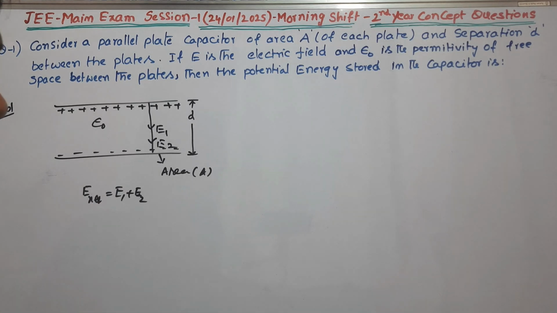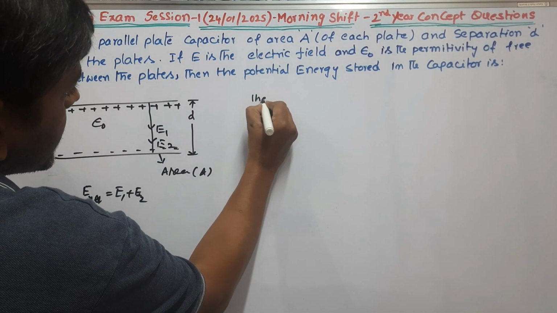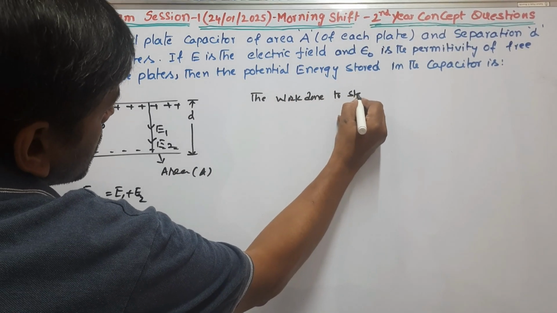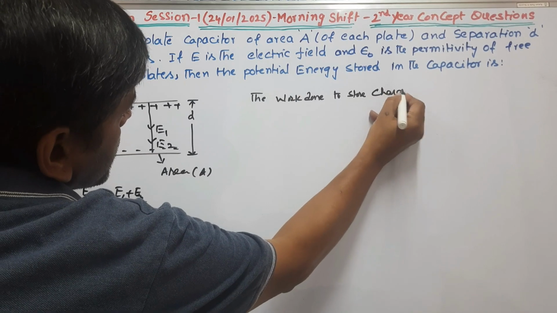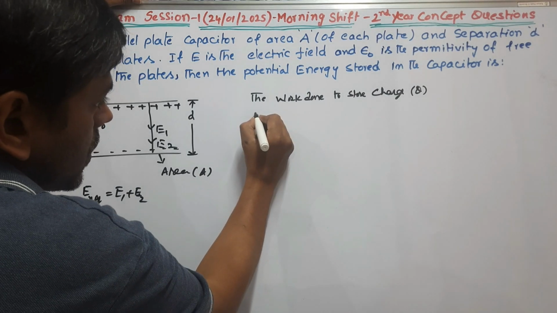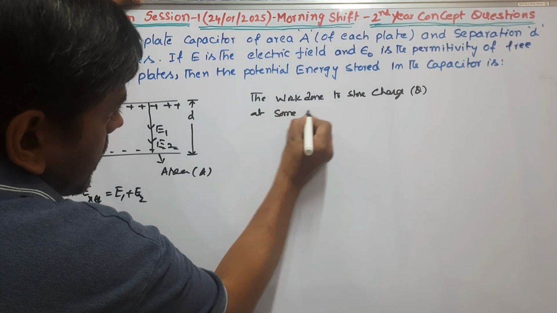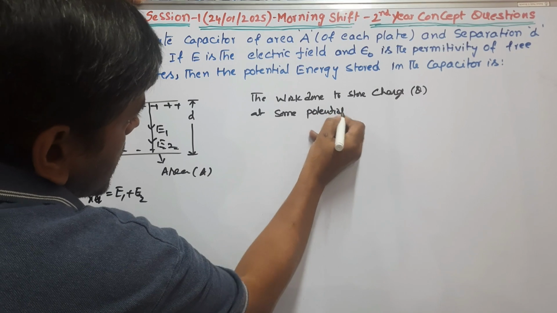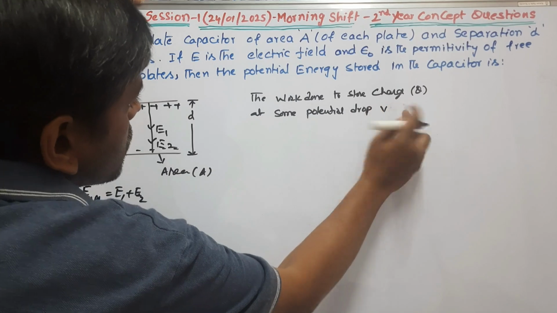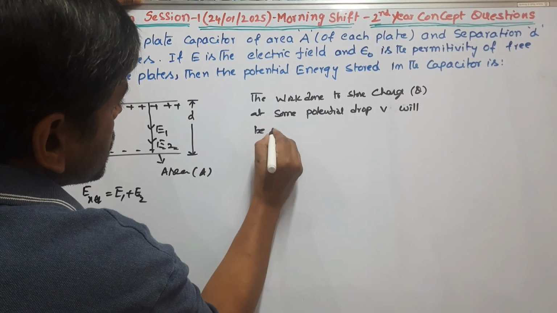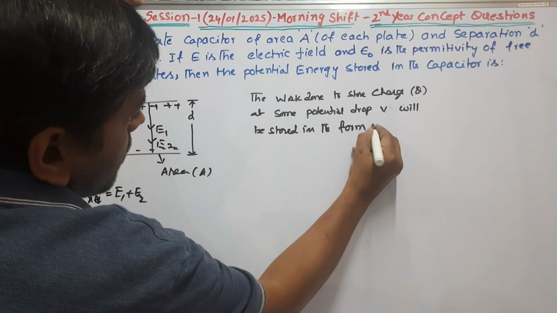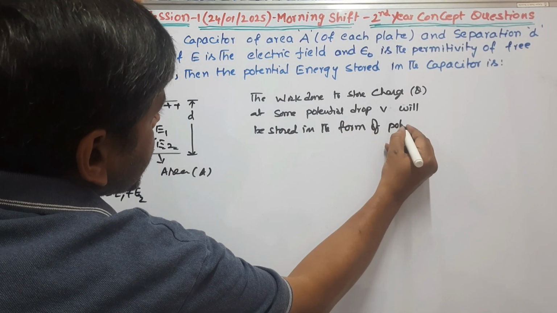For that some work is done, that means the work done to store charge Q at some potential drop V is stored in the form of potential energy.